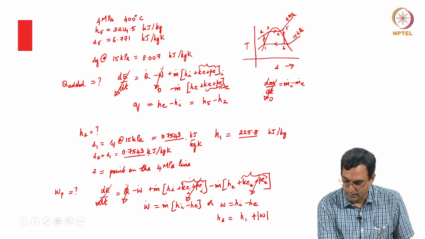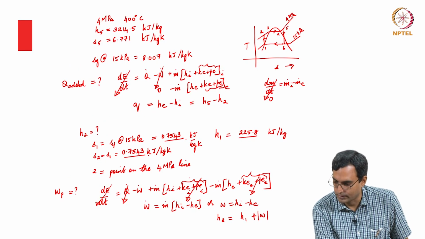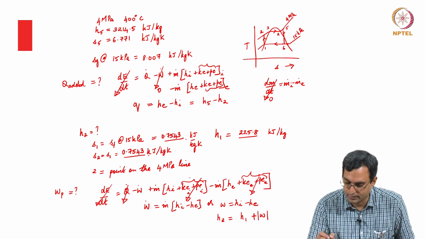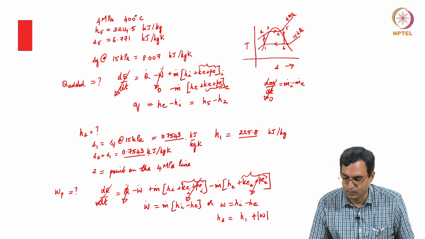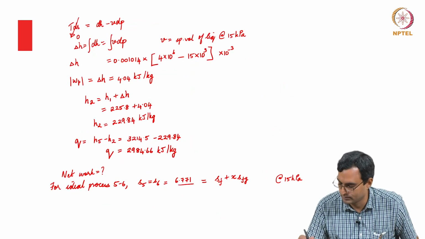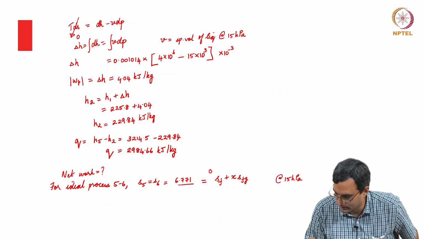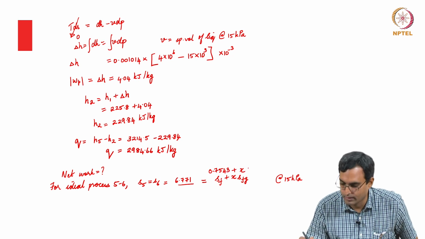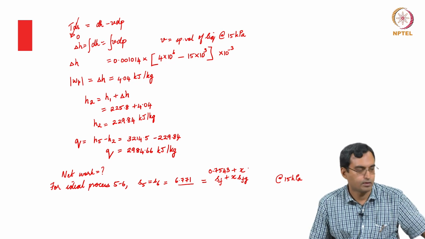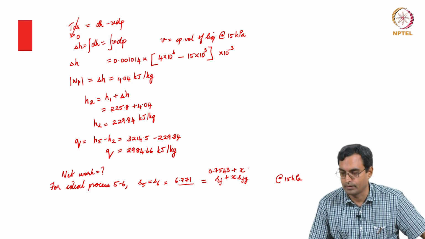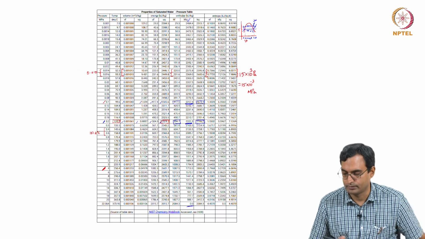SF we do not have yet. Oh yeah, SF is essentially 0.7543. And SFG we need to find out from the tables. So, we are going to look at the table for 15 kilopascal.